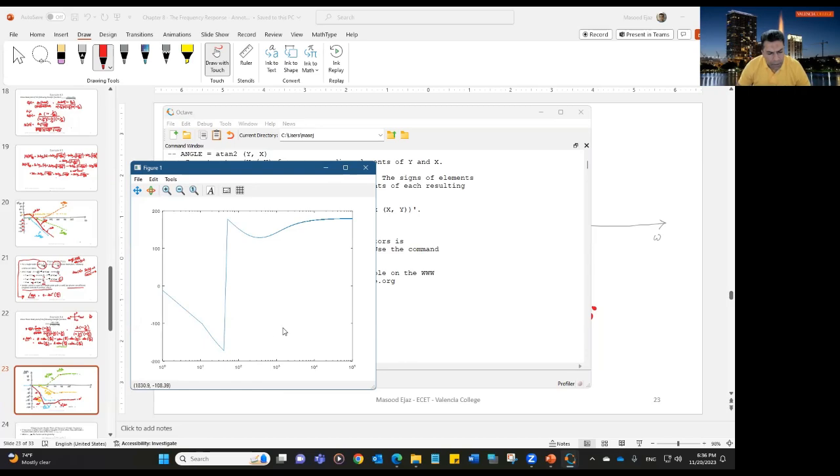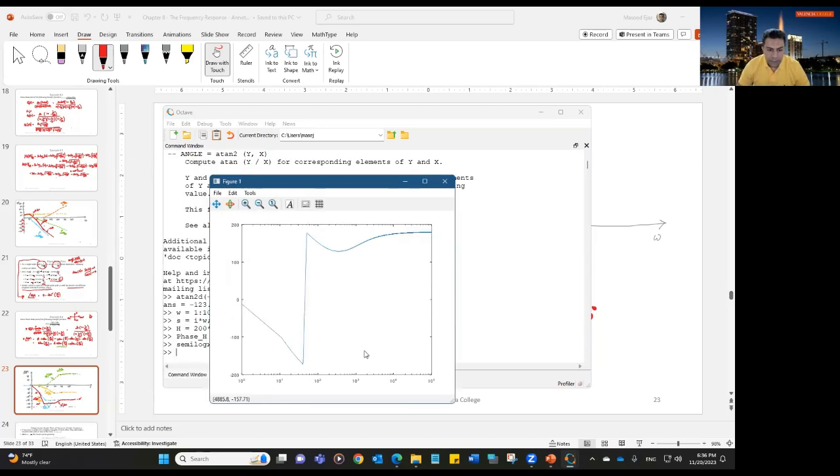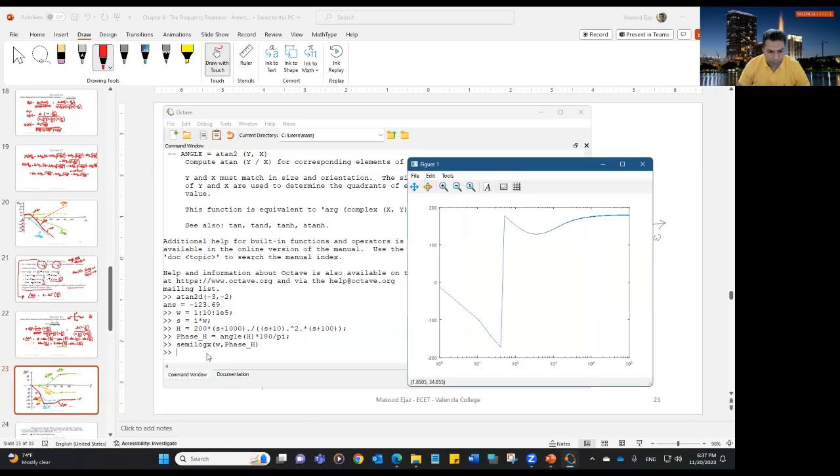Okay, well, this is showing a pretty strange phase. Let's see. That doesn't look very nice. Let me see. 200 times (S plus 1000), (S plus 10) squared, (S plus 100).